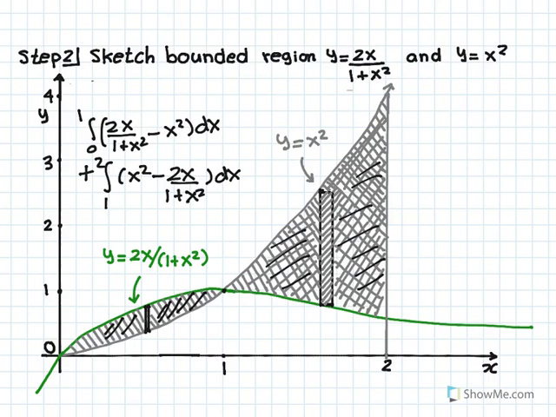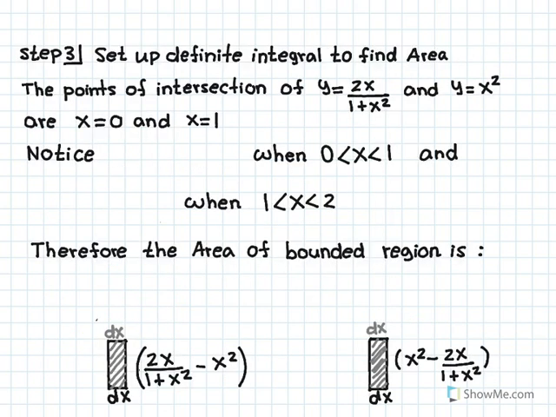All right, so now let's set up the definite integral to find the area of this region. We know that the points of intersection of y equals 2x over 1 plus x squared and y equals x squared are x equals 0 and x equals 1. Now notice that 2x divided by 1 plus x squared is larger than x squared when x is between 0 and 1.